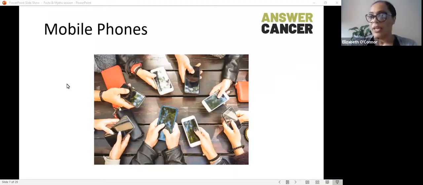We don't know in the future if new technologies get introduced, the effects that they'll have, because we don't have a crystal ball and we can't see into the future. But right now, as it stands with our mobile phones, they are safe to use. We'd have known about it a lot sooner if people started having cancer linked to mobile phones. So that one's a myth.